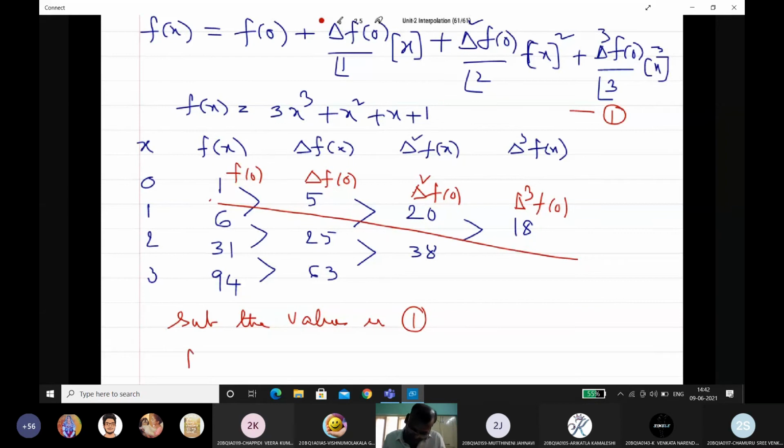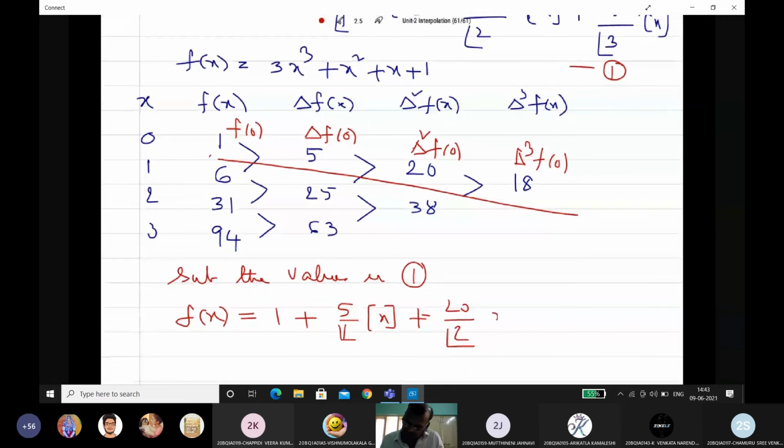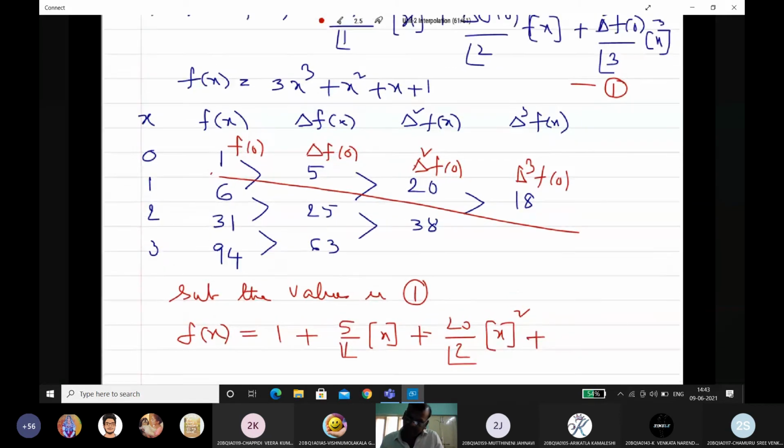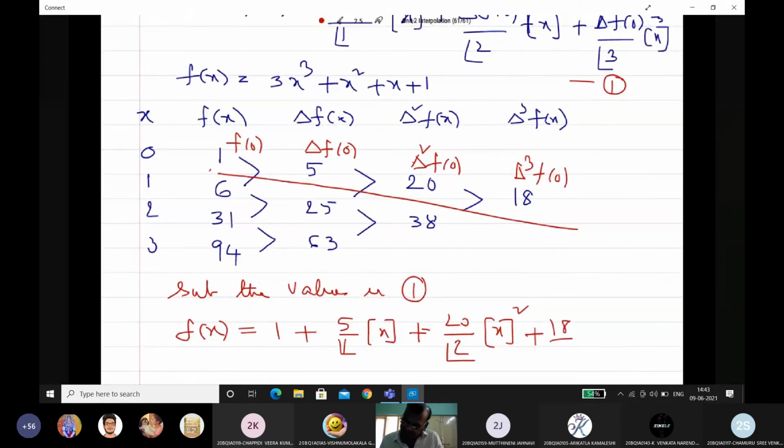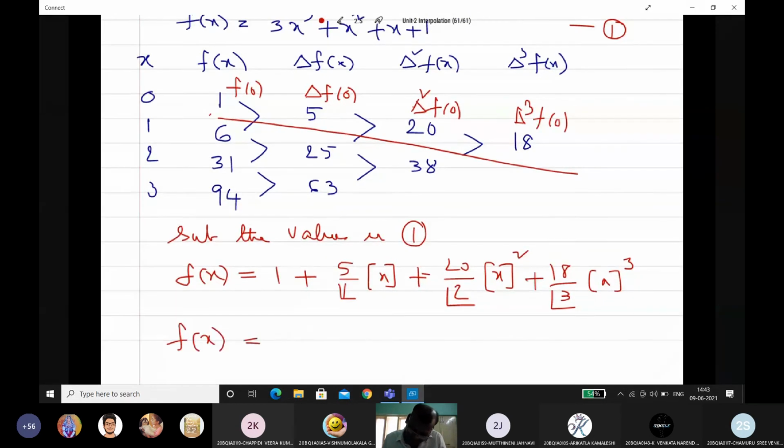So f of x is equal to f of 0, 1, plus del of f of 0, 5 by factorial 1 into factorial x, plus del square 20 by factorial 2, factorial x square, plus del cube 18 by factorial 3, factorial x cube.